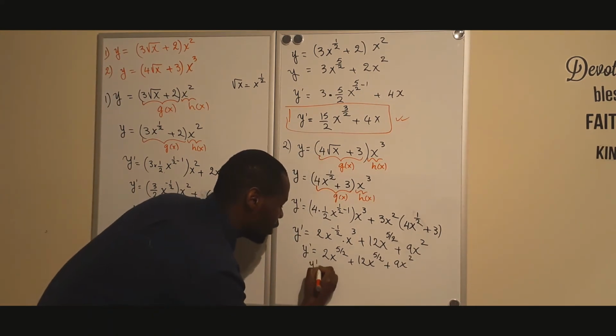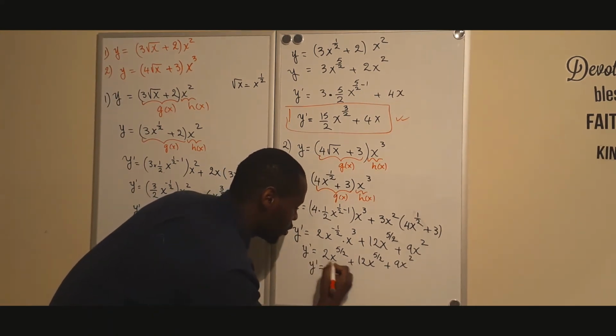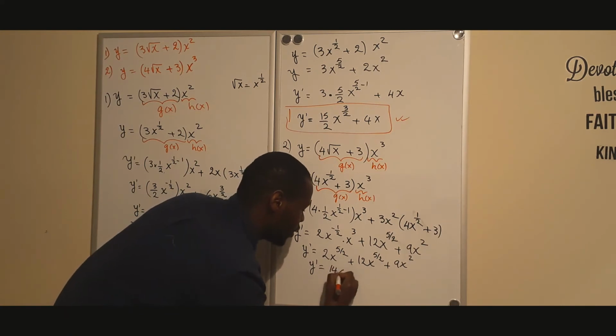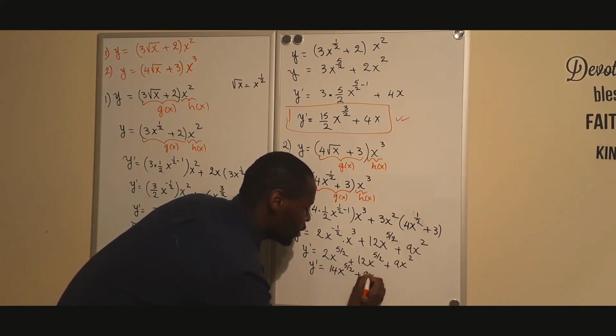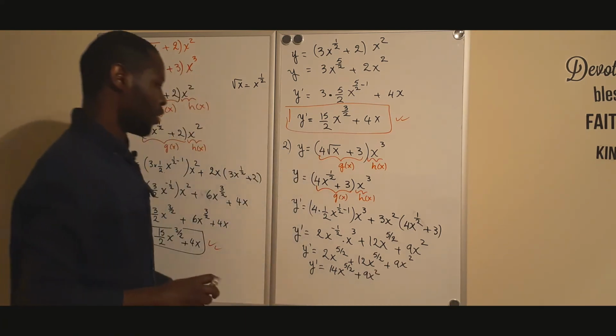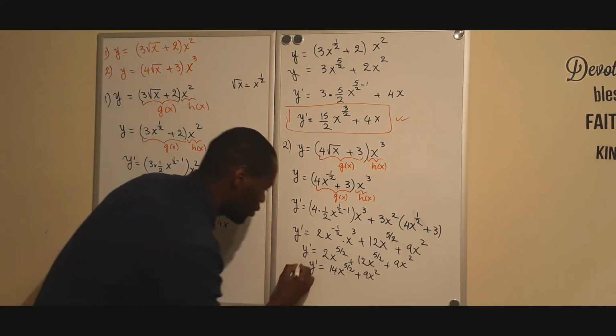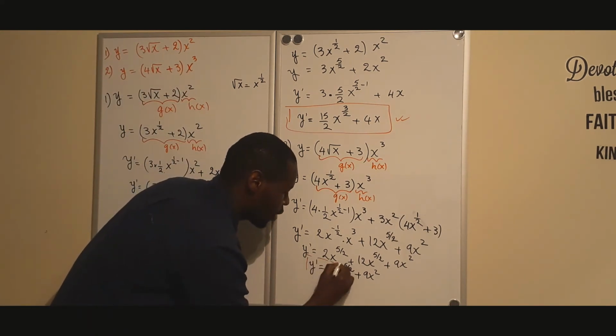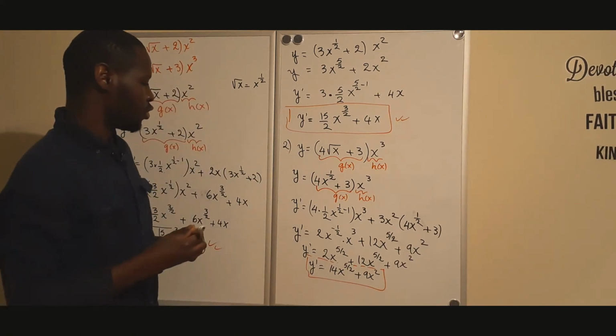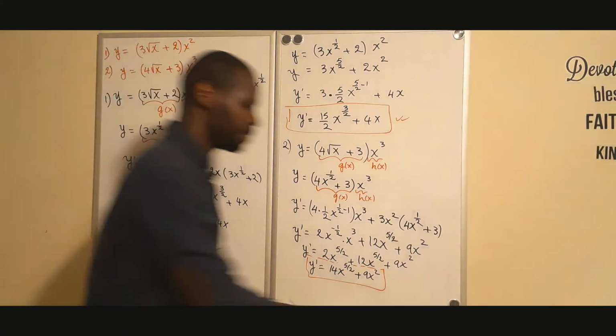So y prime equals 14x to the 5 halves plus 9x squared. All right. So this will be our result using the product rule.